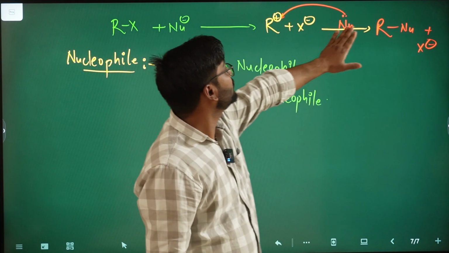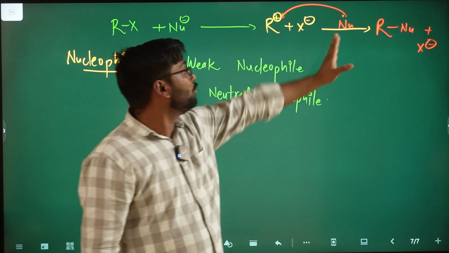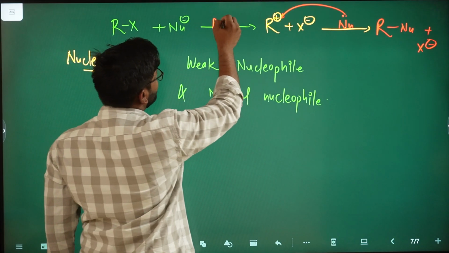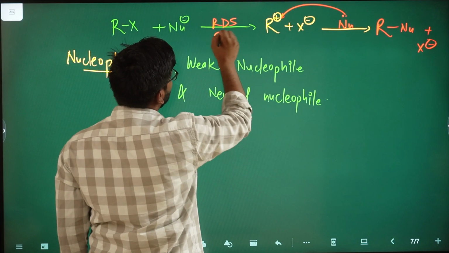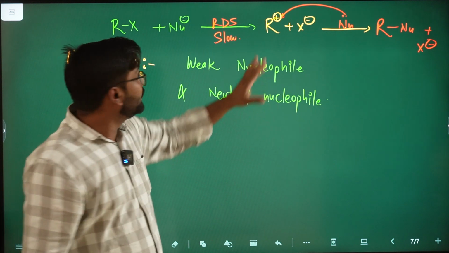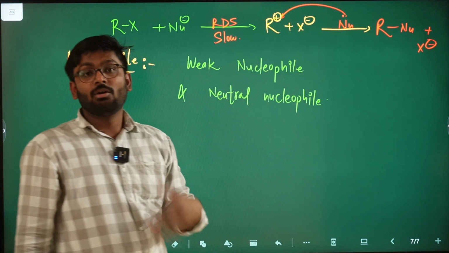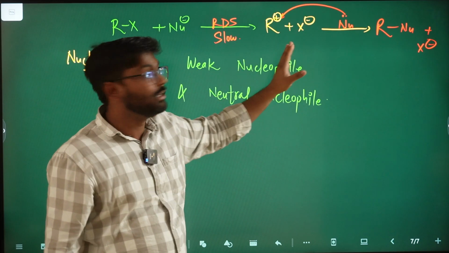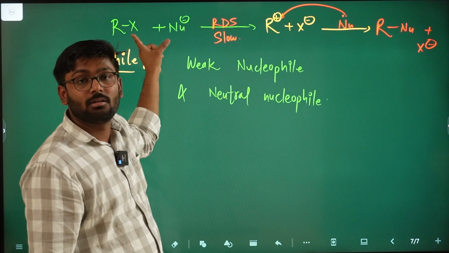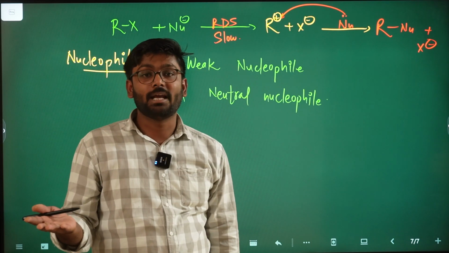So the nucleophile should be weak. Why? Because in the rate of reaction there is no role of the nucleophile. This is the RDS step, the slow step. If this is a strong nucleophile, then it will not wait to form the carbocation. The nucleophile will directly attack the alkyl halide, and that will give an SN2 reaction.